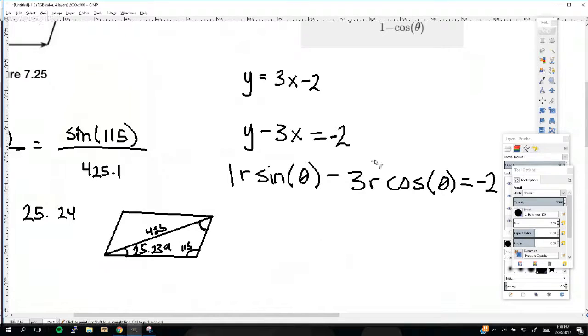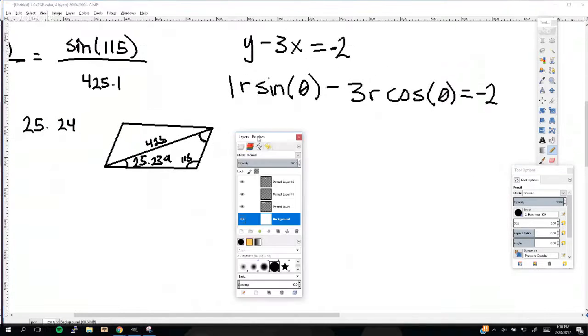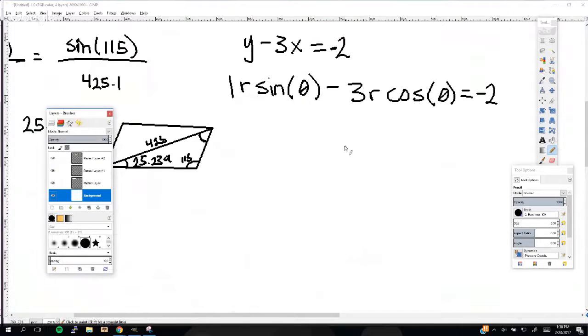Because either way, even if we did 1 minus negative 3, it'd be negative 2. Oh, 1 minus 3 is negative 2. Oh no. Okay.